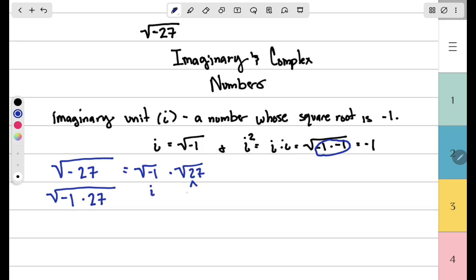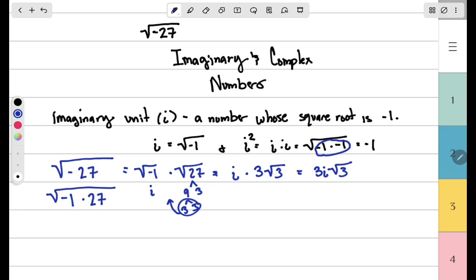We break down 27: 9 and 3, and 3 and 3. The 3's come out, 3 left in. So you're left with i times 3 square root, what's left over in there? 3. Let's put that in standard form. It is written 3i square root of 3. See?